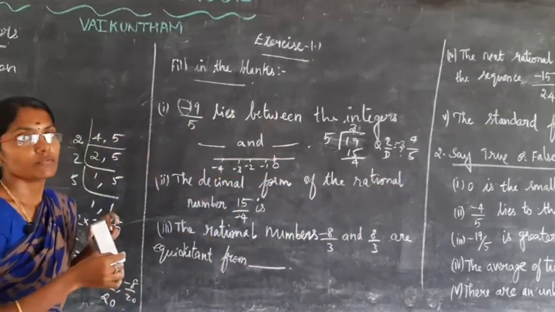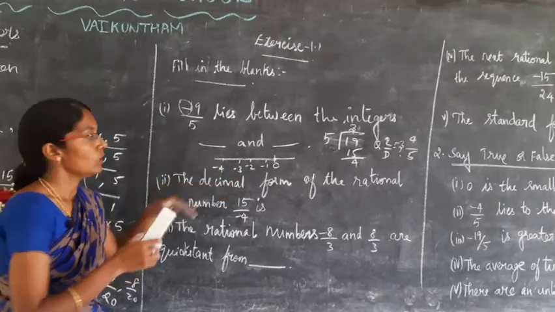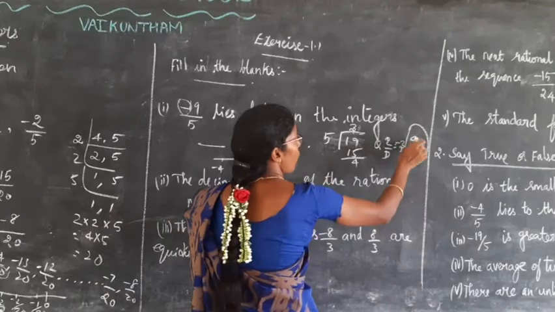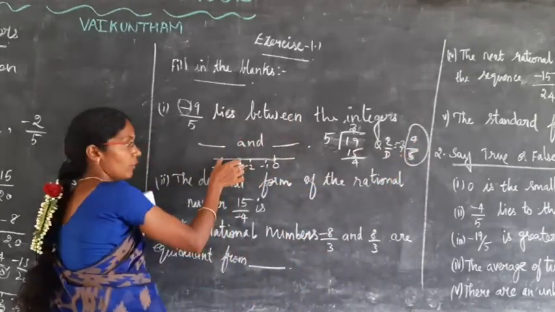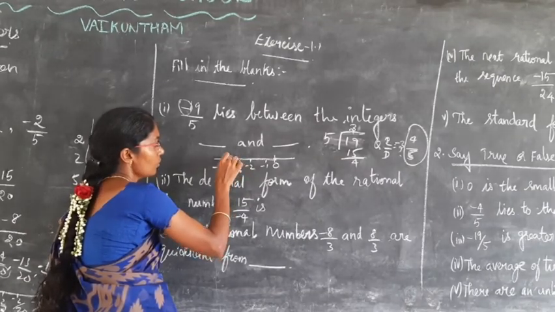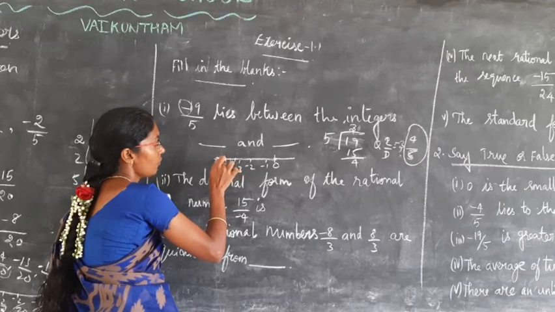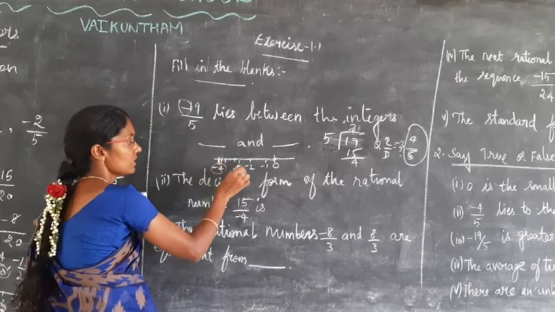So the number will be present between minus 3 and minus 4. So minus 3, then the part 4 by 5. How many parts will it be divided into? 5 parts. 1, 2, 3, 4, 1, 2, 3, 4, 5. Okay, this is 4, consider this is 4.